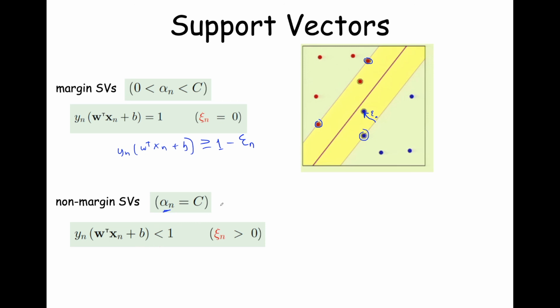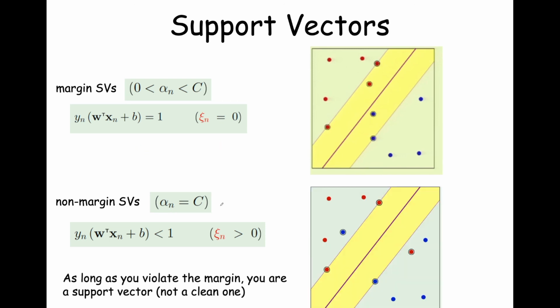So these are the non-margin support vectors. Okay. So as long as you violate the margin, you're still a support vector, but you're just not a clean support vector. So here we have a margin violation, and you can violate the margin so much that you're completely on the other side of the hyperplane, and you're now misclassified.